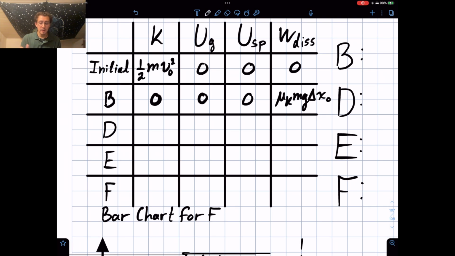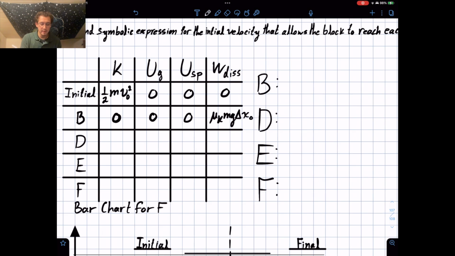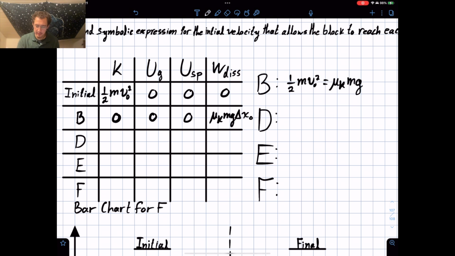And then if we look at our equation for that, this energy here should be equal to this energy here. So let's add everything up in that line: 1/2 mv0 squared, because everything else is just 0, equals mu k mg delta x naught.